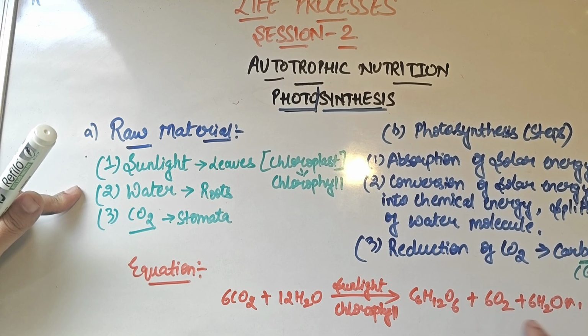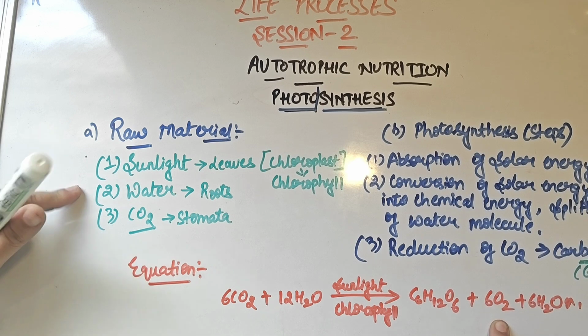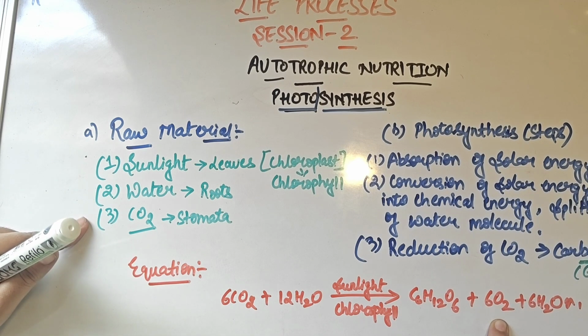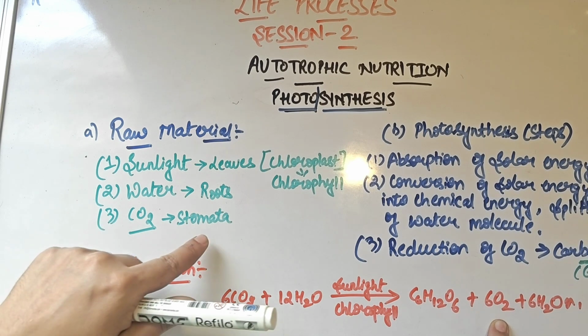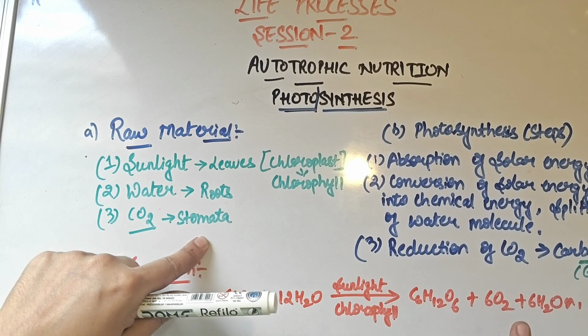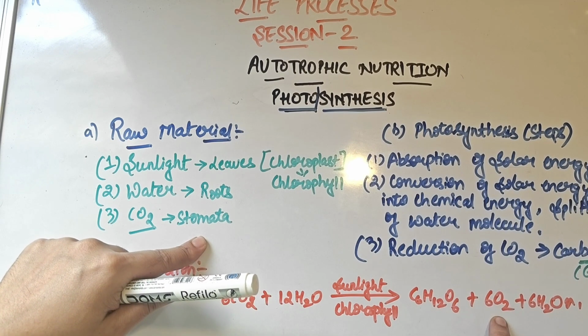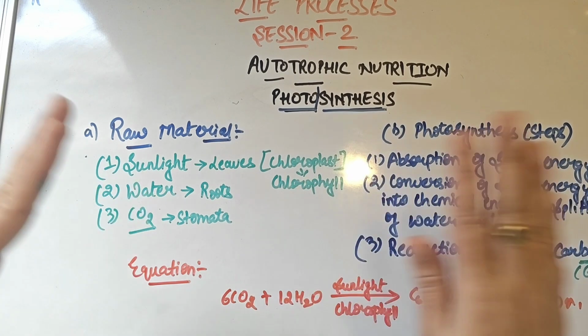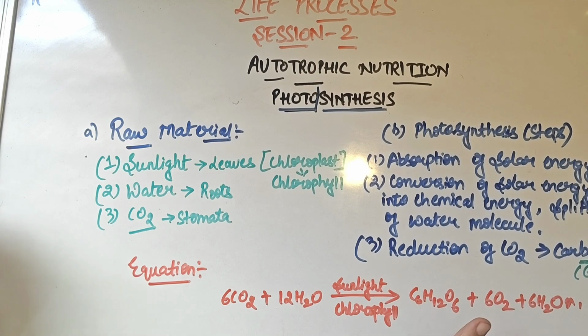But at the same time, as end products of photosynthesis, molecules of oxygen and water will also be produced. So stomata will play a very crucial role, not just in getting in the CO2, but also in getting out the oxygen, which is also produced here, right? So this is a very brief explanation of the photosynthetic process.